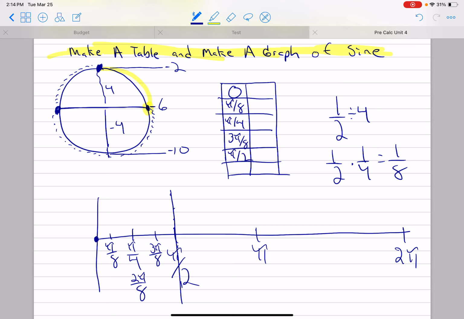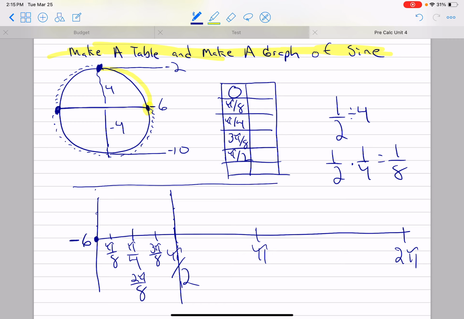So now I've set all that up. Now I'm looking to see my maximum and my minimum. So my midline is at -6. If this right here is -6, my maximum is at -2, so -5, -4, -3, -2.